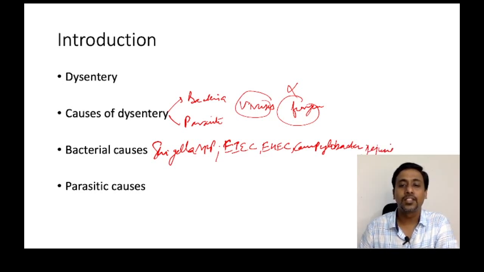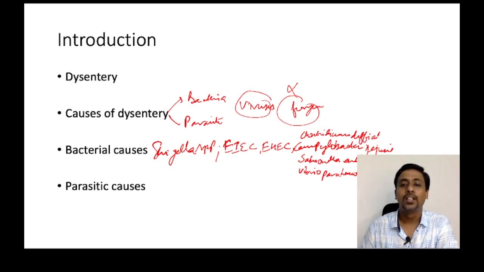The second one is Salmonella enteritidis, which is a non-typhoidal Salmonella. Then a species of Vibrio apart from Vibrio cholerae, that is Vibrio parahaemolyticus, and Clostridium difficile.